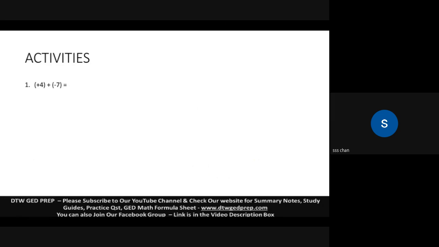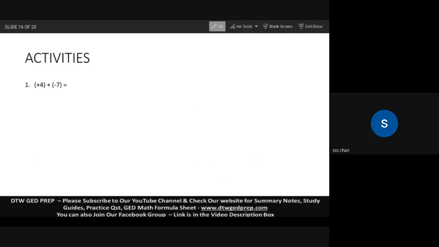Okay, so we have other sets to work with. What if now you have positive, negative? So you have positive 4 plus negative 7. You are adding a negative number, so this is the same thing as just subtracting 7.